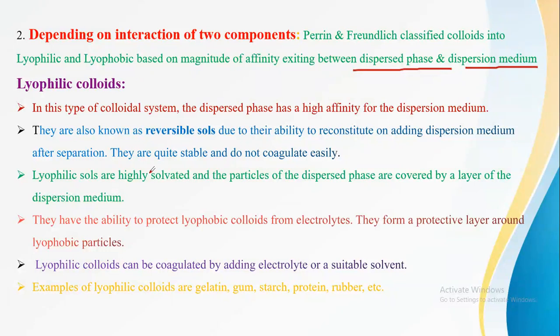So even after separating the dispersion medium and the dispersed phase from the colloidal solution, they can reconstitute on again adding the dispersed phase and dispersion medium. They are quite stable and do not coagulate easily. Coagulate means precipitate. The lyophilic sols are highly solvated, and the particles of the dispersed phase are covered by a layer of the dispersion medium, and they have the ability to protect lyophobic colloids from electrolytes.